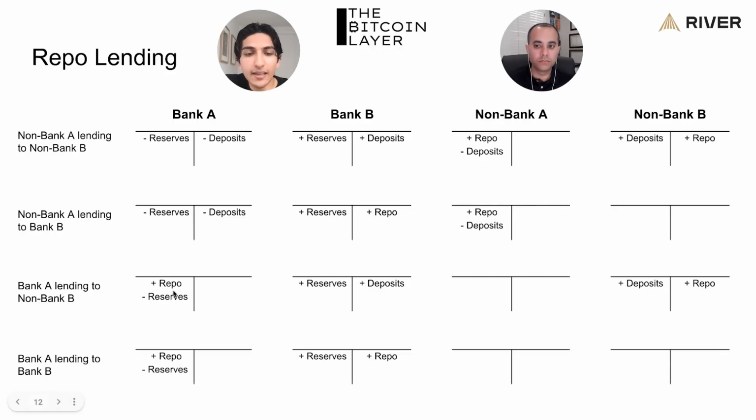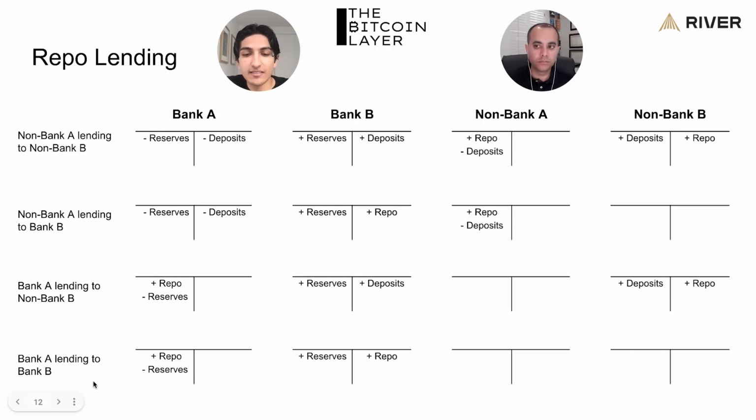So the bank that's making the loan, Bank A, needs to transact with the bank that the non-bank, in this case Bank B, transacts with. So the way that looks is, again, Bank A gives up its reserves, takes down a repo asset, hands those reserves to Bank B, who then credits non-Bank B's asset side with those deposits because it's non-Bank B that's in need of cash, and now non-Bank B owes Bank A that repo asset.